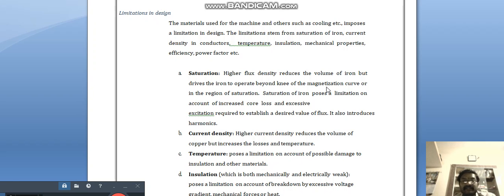When it goes beyond that, that value of magnetization will not be useful. So higher flux density reduces the volume of iron but drives the iron to operate beyond the knee of the magnetization curve, or in the region of saturation.